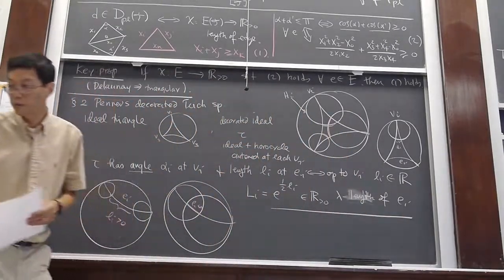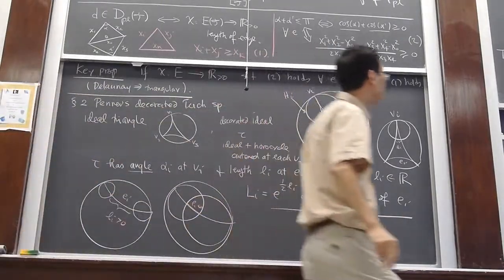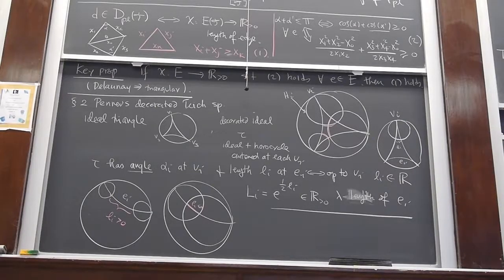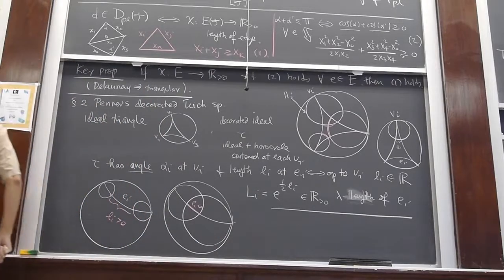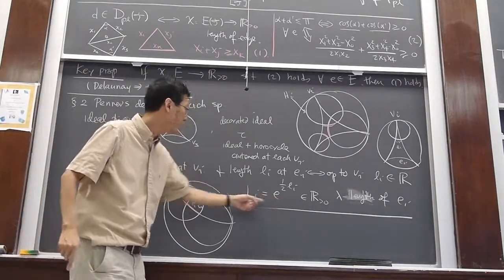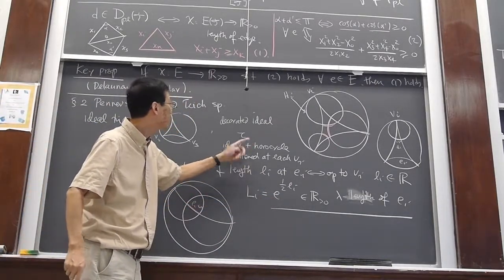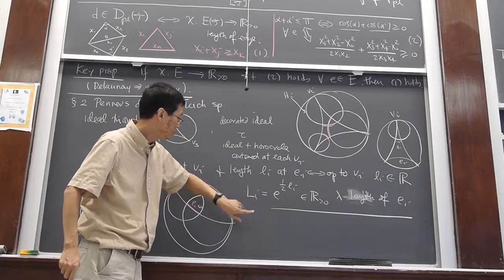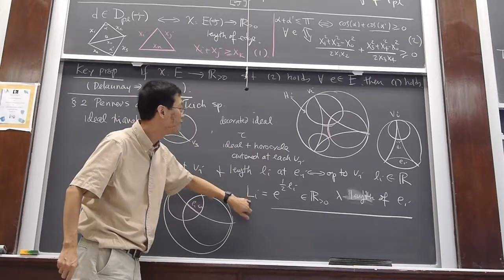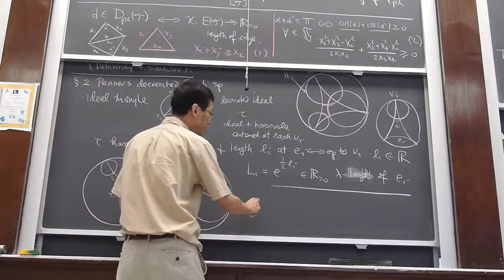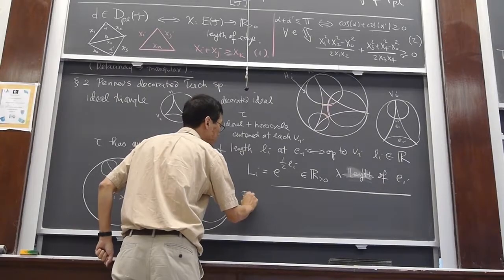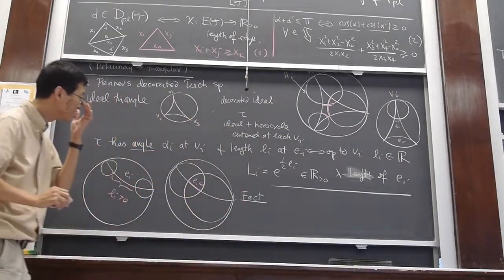And it turns out the way to go from the polyhedral metric to the hyperbolic space is that I give you this Euclidean distance e_i, and you send it to a decorated ideal triangle with the same lambda length. Here are several facts. It's very easy.